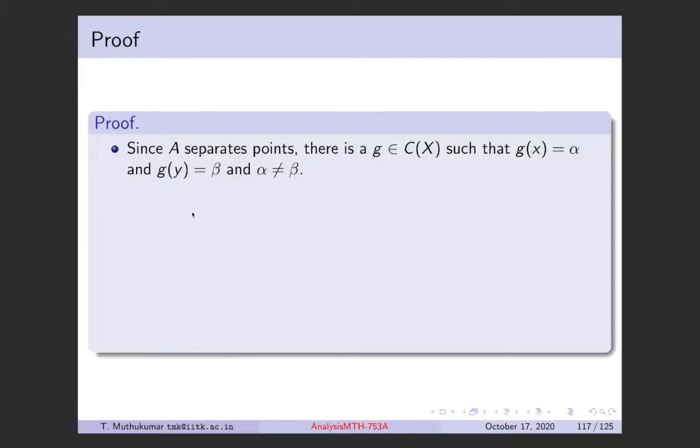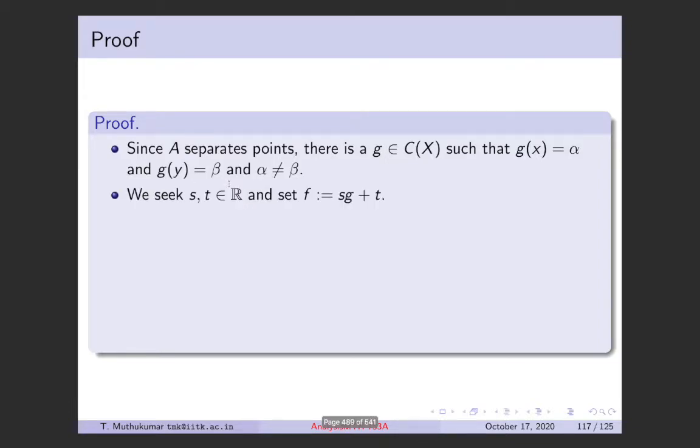Since A separates points by the separation property, there is a continuous function g such that g(x) and g(y) are distinct, so alpha not equal to beta. Let's just call g(x) alpha and g(y) beta.